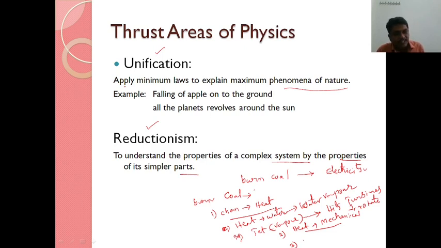Due to the electromagnetic induction phenomenon, this mechanical energy is converted into electric energy. Here we need to apply another set of principles. So we cannot explain this phenomenon, production of electricity from coal, with very few principles. We need to apply a large number of principles.